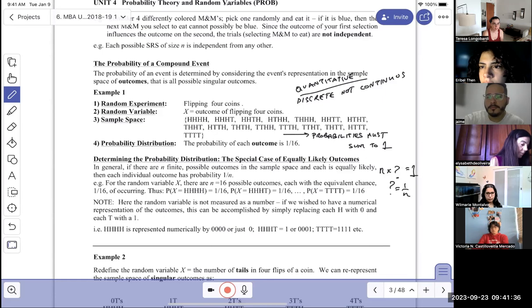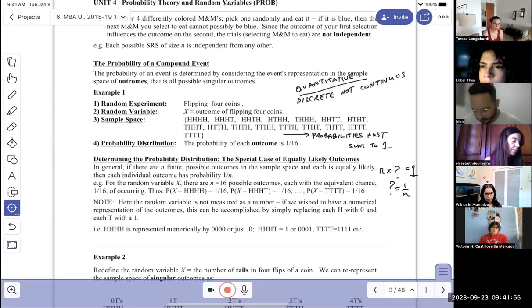And then I explain that we can write them as H, H, H, H, H, H, T. It feels weird though, because I said these are quantitative. This is a quantitative variable. The values it takes should be quantitative, but I can convert them. I can convert all of them to a number if that makes it easier.